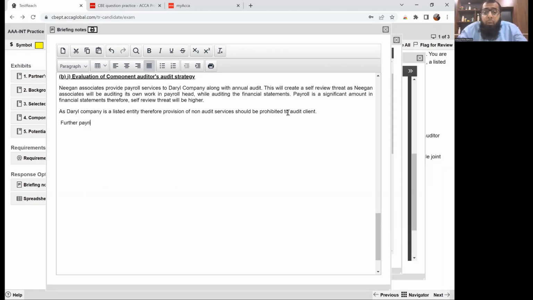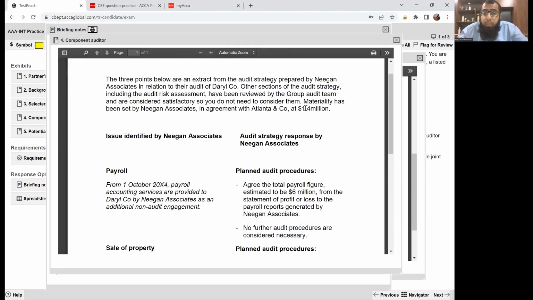Further, payroll head worth how much? $6 million exceeds the materiality level of Darrell Company. What is the materiality level of Darrell Company? $1.4 million.